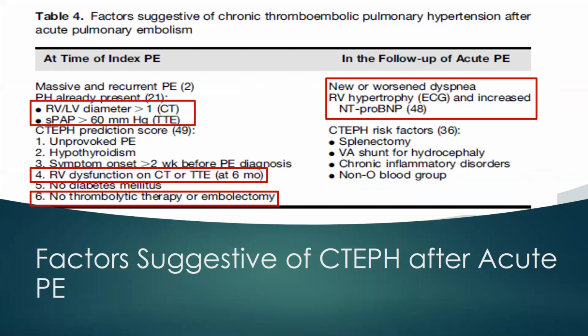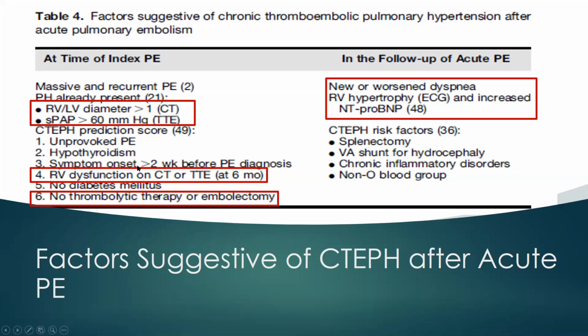So there are things we can look at, when the patient initially presents at the time of their PE versus follow-up, that can be predictive of them developing CTEPH. I think we are all pretty used to looking on CT or echo for an RV to LV diameter greater than 1, and a systolic PA pressure greater than 60. These risk factors down here, 1 through 6, fit a CTEPH prediction score, with the big one I want to highlight being the RV dysfunction that you find initially.